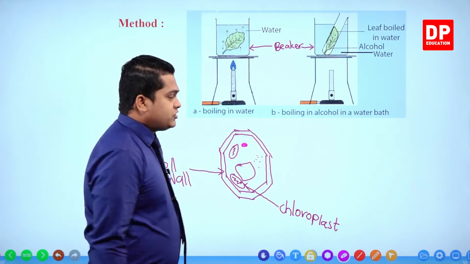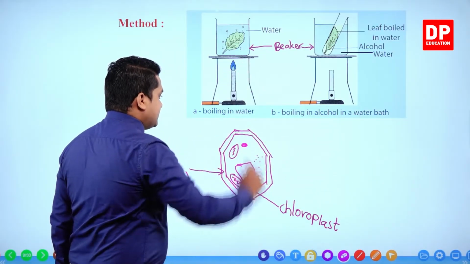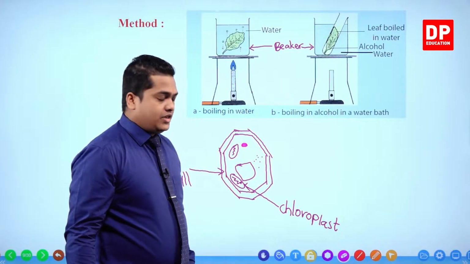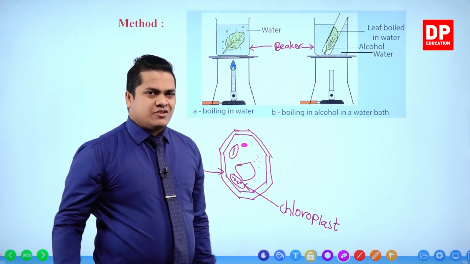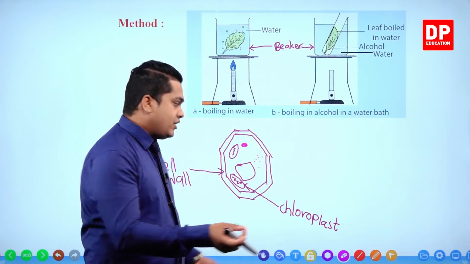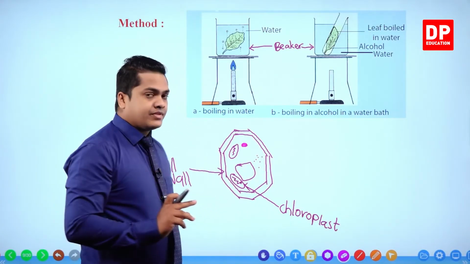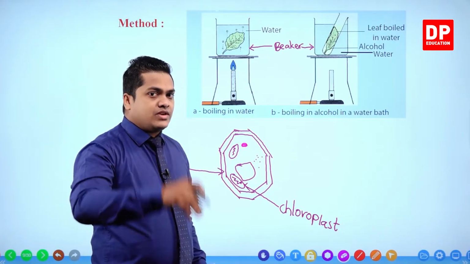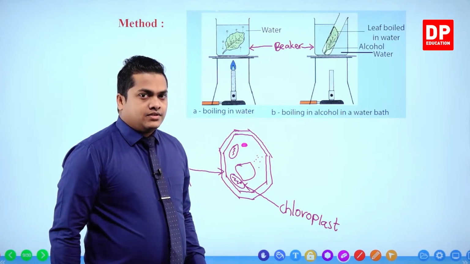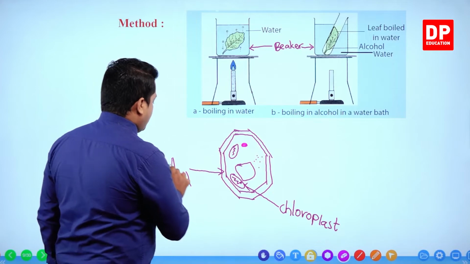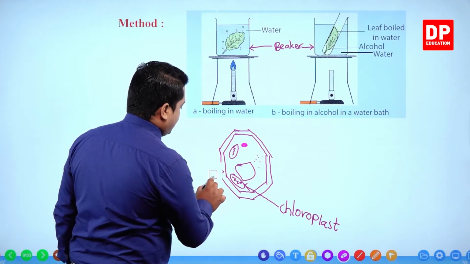If you just add iodine, it will not reach these structures, especially the chloroplast. We need to add iodine into the chloroplast. That's the place where glucose is produced and where starch is. So in order to expose the chloroplast, we have to remove the cell wall around it.